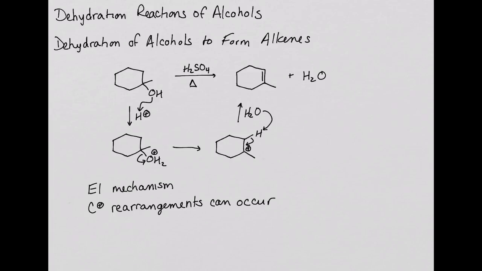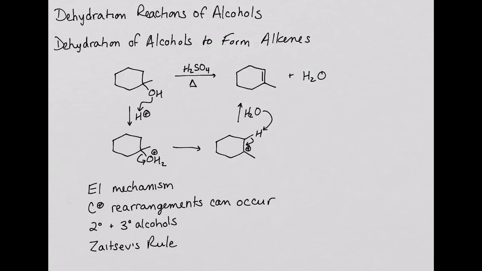Primary alcohols typically do not undergo dehydrations because the primary carbocation is too unstable. Finally, remember that if there are choices in terms of regiochemistry for the alkene product, Zaitsev's rule will predict the proper regiochemistry. The most substituted alkene will predominate because it is most stable.